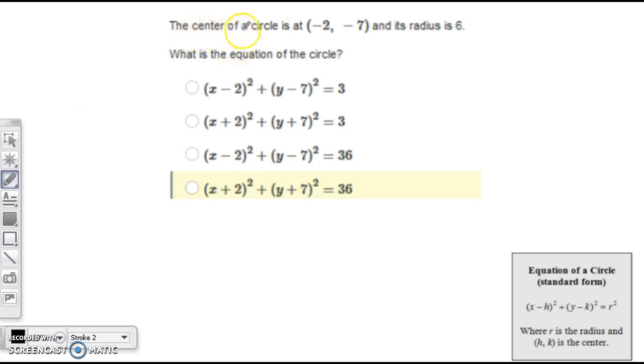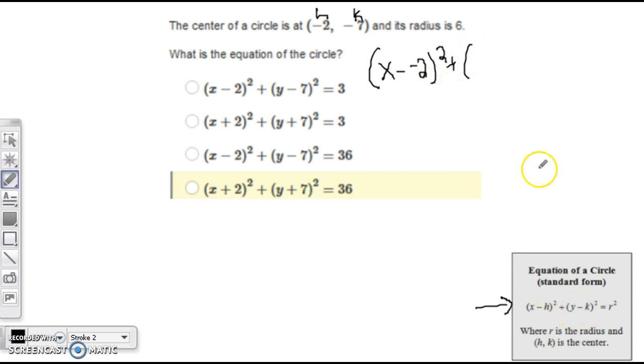This one says the center of the circle is at -2, -7, and its radius is 6. What is the equation of the circle? So remember, when we plug in our h and our k into our formula here, we need to make sure that we change the signs. What we're really doing, the long way of doing it, is writing x minus and then plugging in h, which is a -2.